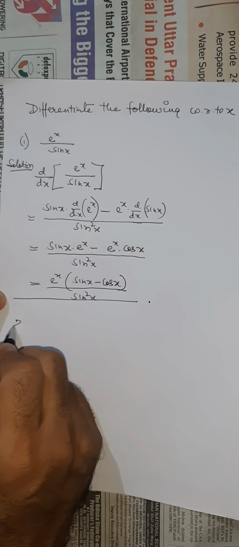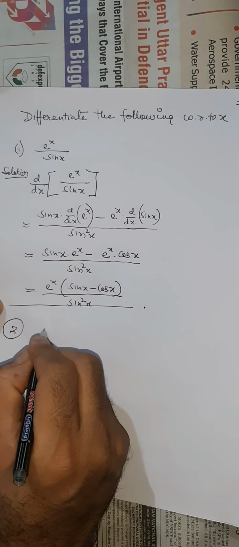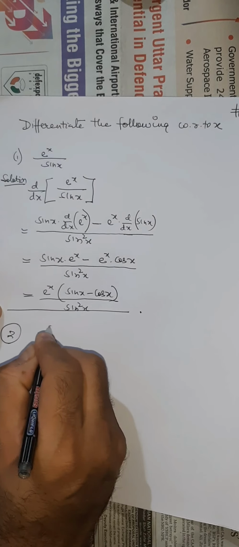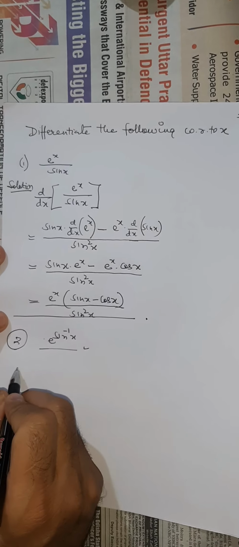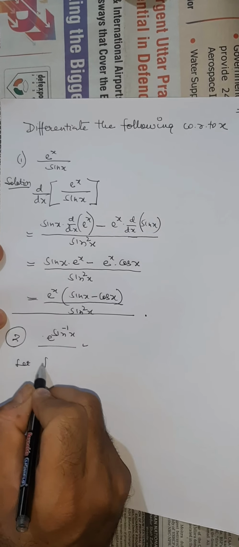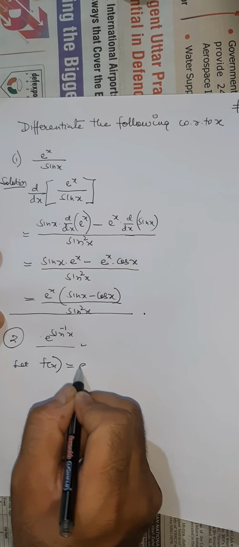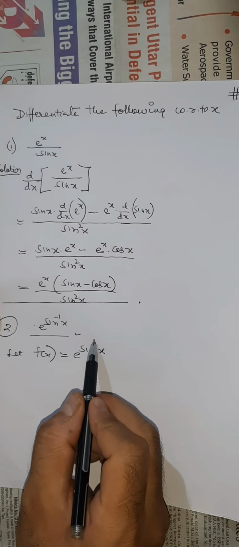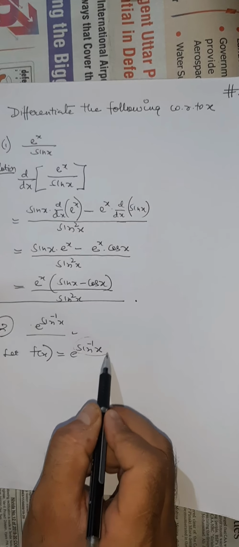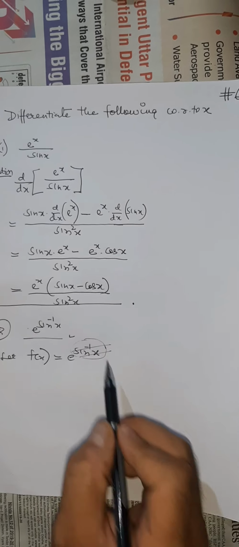Question number 2. The function is e raised to sine inverse x. So you need to use chain rule. Let me call this as fx, for example. Fx equals to e raised to sine inverse x. Chain rule, you don't have derivative e raised to sine inverse x. So I'll imagine this as x.